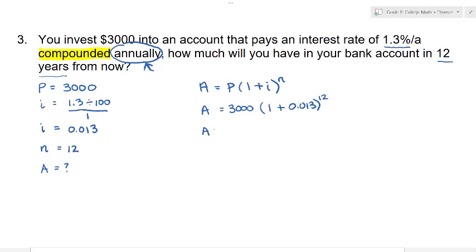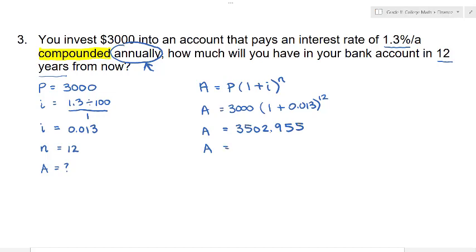So I have A equals, and now I can type this on my calculator: 3,000 times (1 plus 0.013) to the power of 12. Make sure you're typing in the brackets and everything in your calculator. So I get 3502.955.